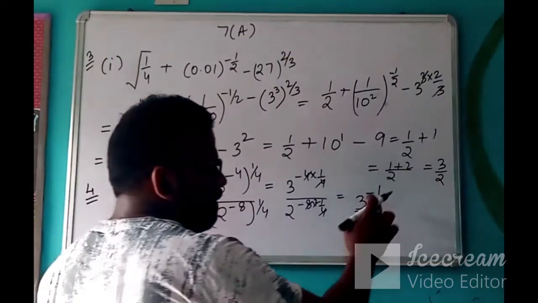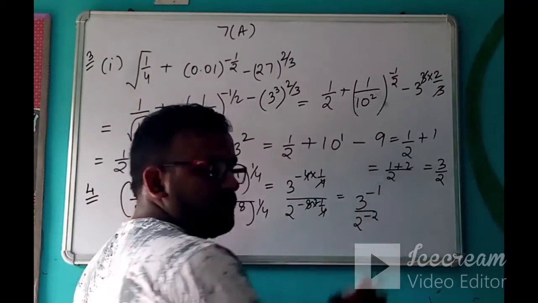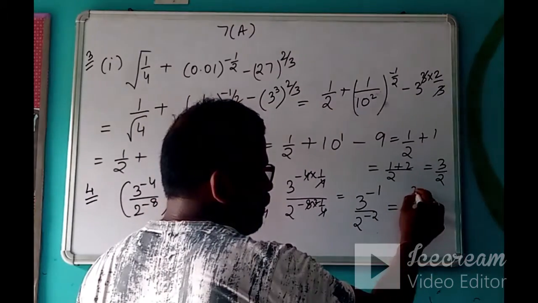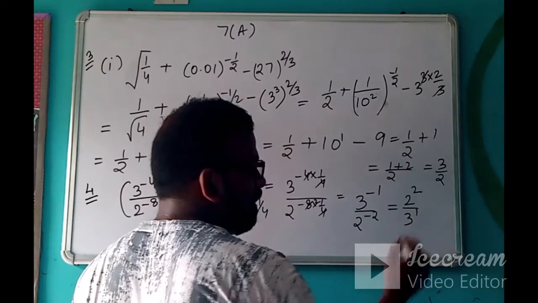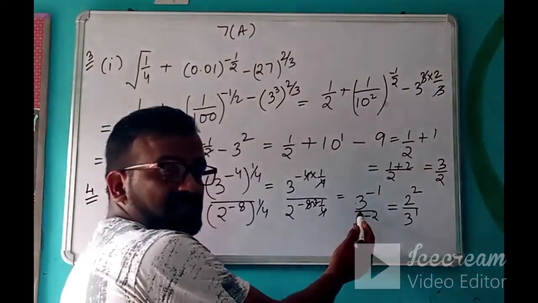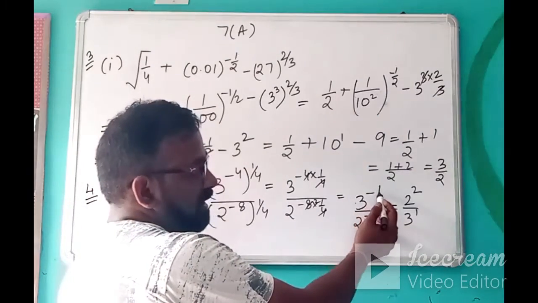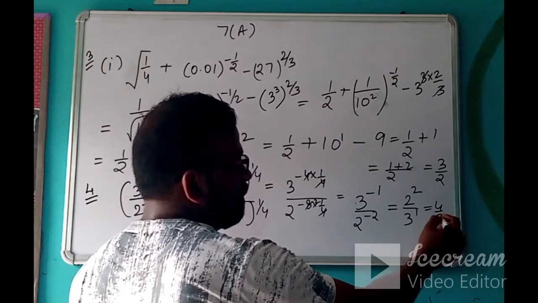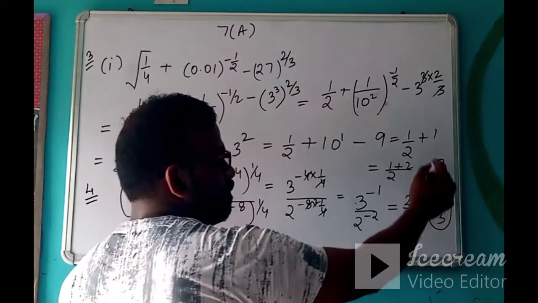Then in order to remove these negative exponents, we will change their position like this. So it becomes 2 to the power 2 upon 3 to the power 1. You just take the reciprocal of the numbers. When you take the reciprocal of the numbers, their negative exponent will change into the positive exponent. So your answer will be 4 by 3.